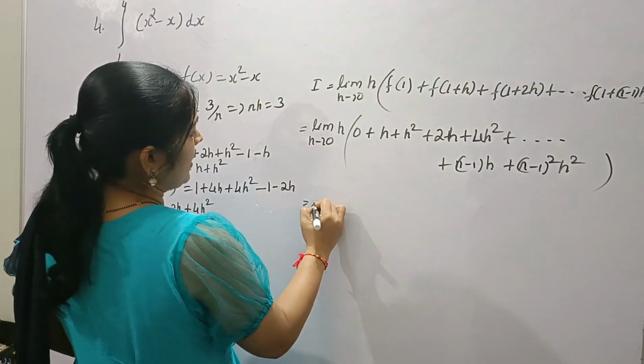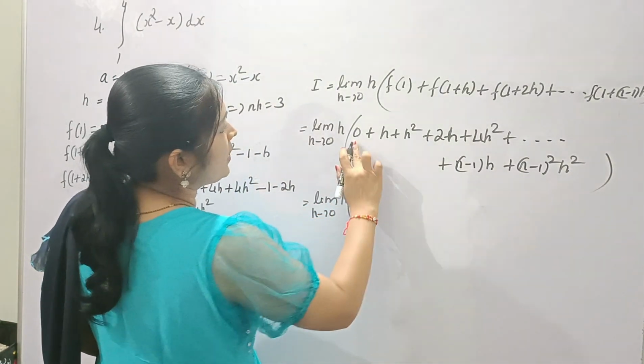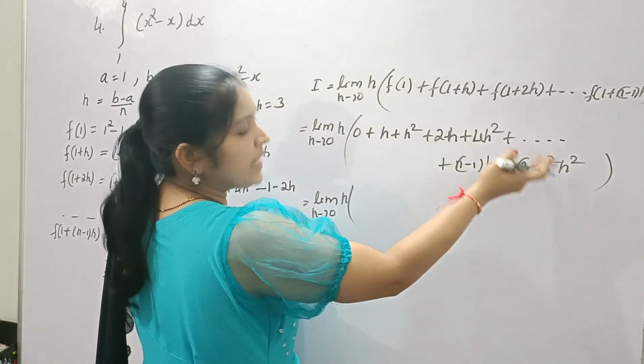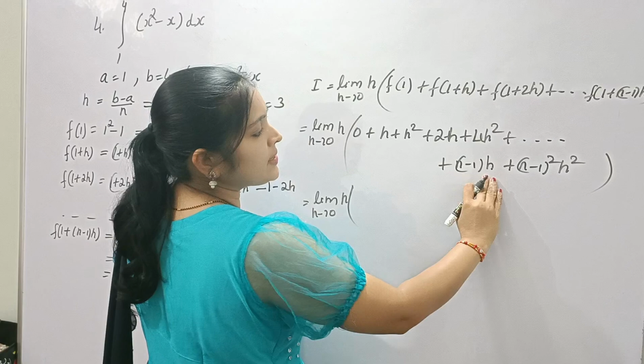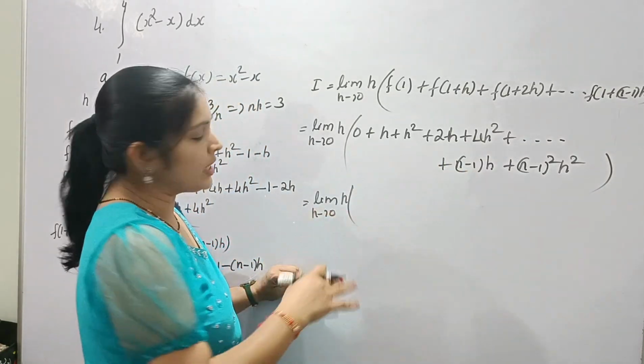Okay. Then limit h tends to 0 h into, here see h plus 2h plus next 3h, etc., n minus 1 h. So in these terms h is common, we can take it out.